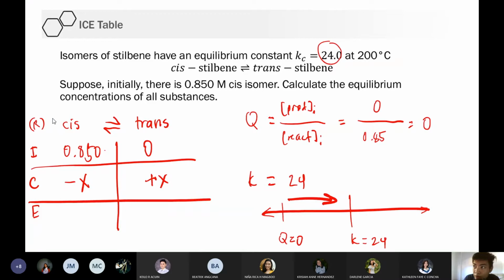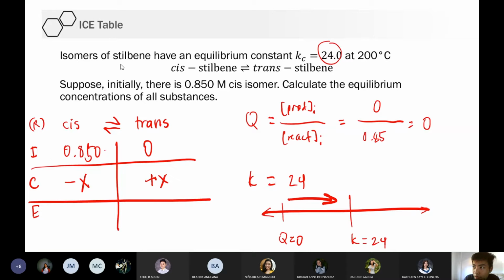Suppose you have a coefficient of 4, that means your change will have a coefficient of 4 as well. Whatever the coefficients are, you have to plug them into the change row.